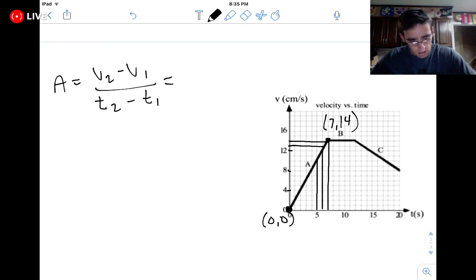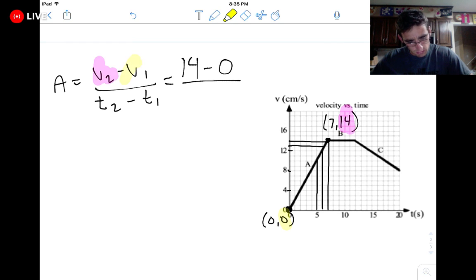My second velocity, these are up and down, is right there, 14. My first velocity was right there, 0.